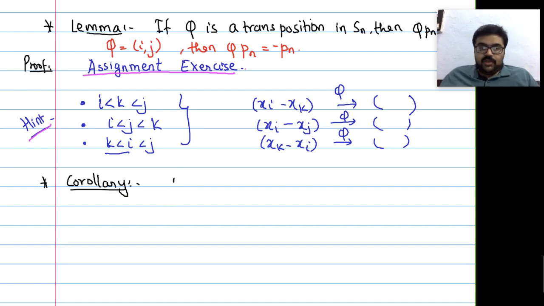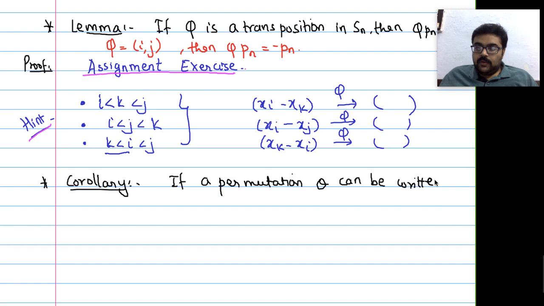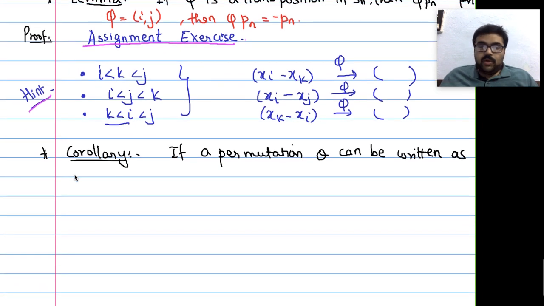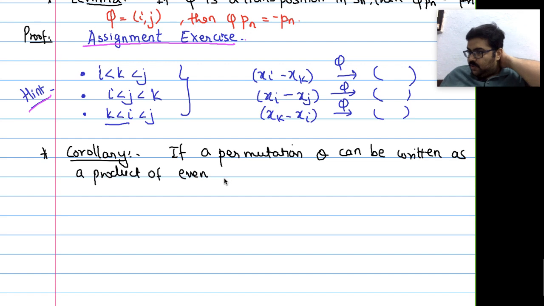So if a permutation theta can be written as a product of an even number of transpositions, similarly for an odd number of transpositions, that also works. Transpositions are two cycles.